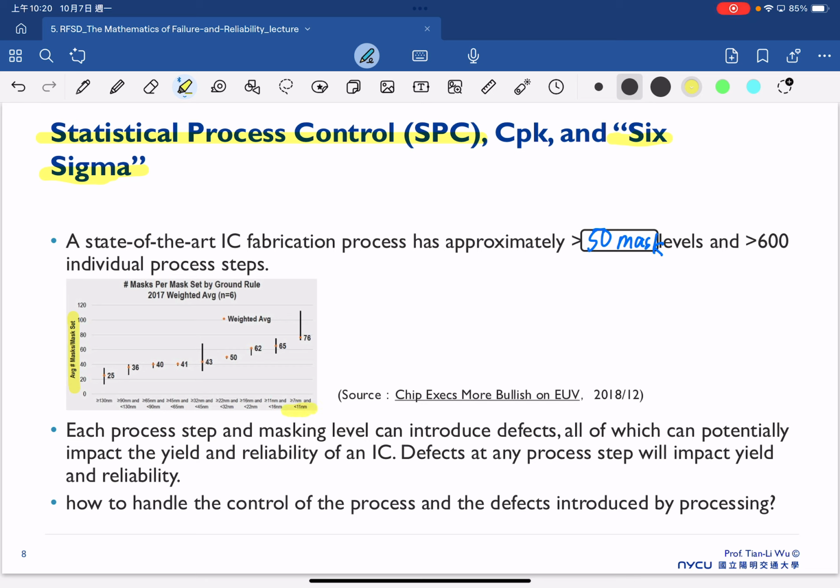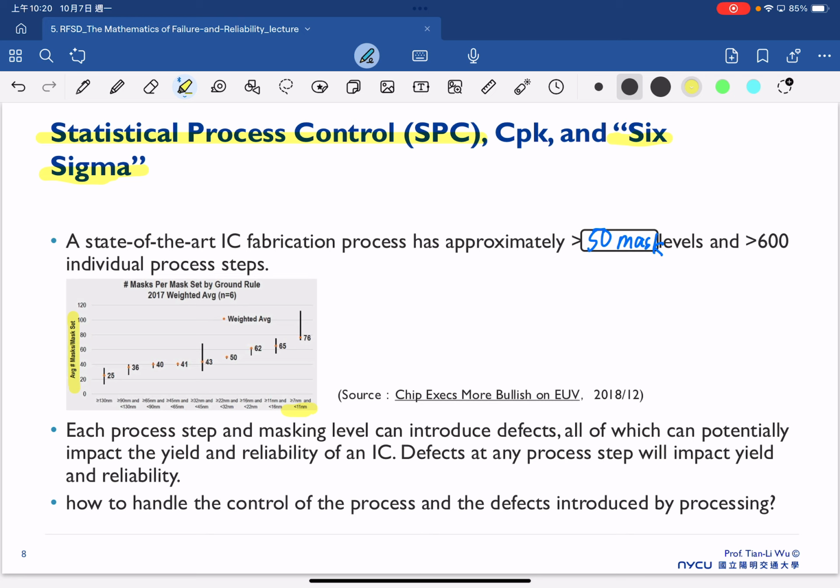As the data show here, below the 10 nanometer technology, we already have mask sets of more than 50, even beyond 70 mask sets. Of course, this is because our process becomes complicated. Our device looks very complicated. We need a lot of masks to proceed with our process.